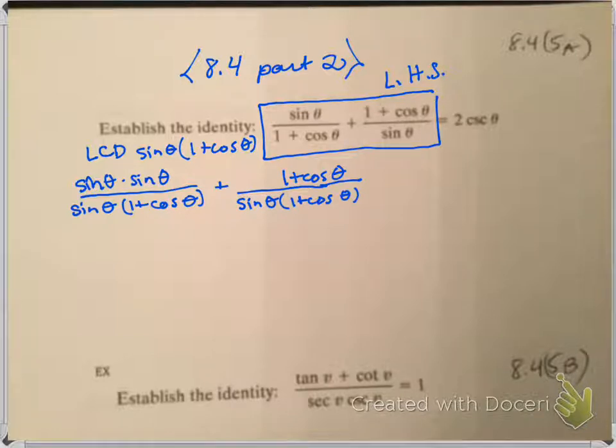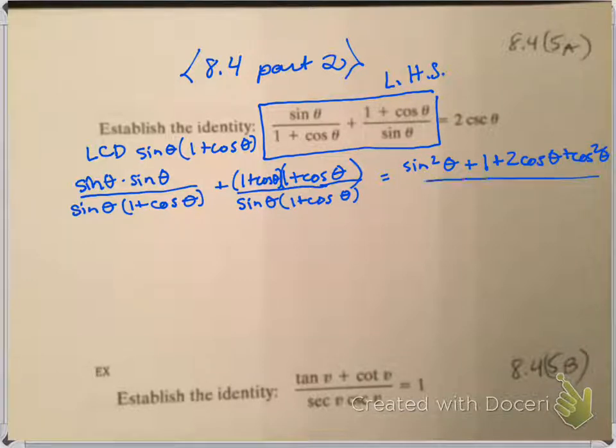And since now I've multiplied 1 plus cosine in the denominator, I need to multiply that in the numerator as well. Okay, so now that I have everything built up, I get sine squared theta plus, and if I FOIL out 1 plus cosine theta times 1 plus cosine theta, I get 1 plus 2 cosine theta plus cosine squared theta, all over sine theta times 1 plus cosine theta.